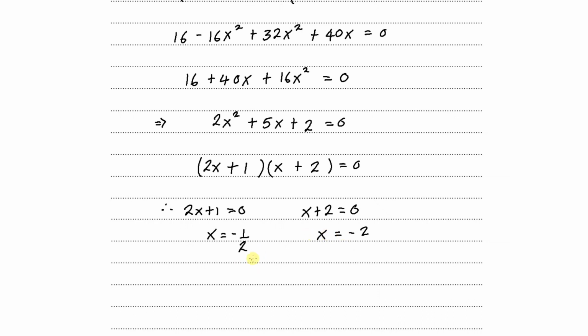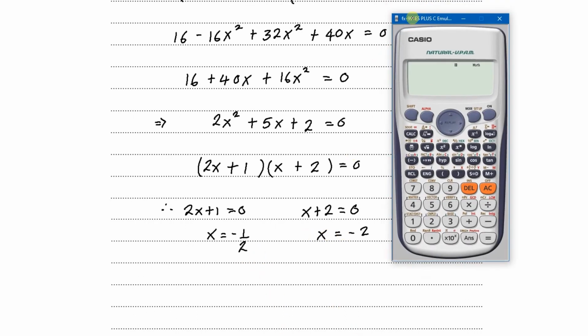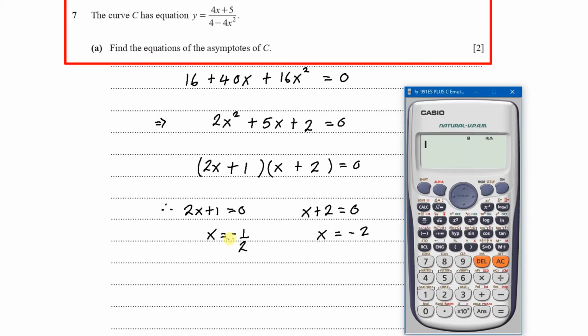Now to get the corresponding y values, we have to substitute into the equation. So from the equation, y is equal to (4x + 5) over (4 - 4x²). We'll start by substituting minus a half to get the corresponding value of y. So we are saying here minus a half, which is minus 0.5, and we are going to store that into x.